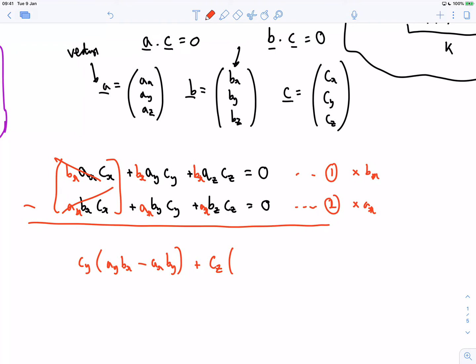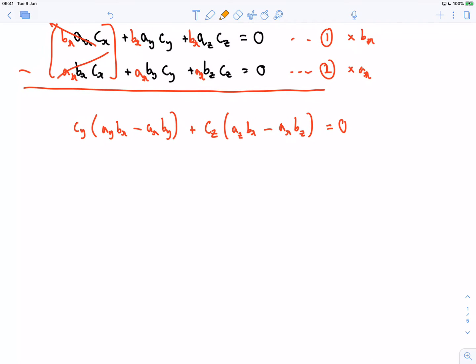I am going to have AZ BX minus AX BZ, equals 0. And already, you can tell there's some kind of determinant thing going on here. You've got the multiplication of two objects minus the product of another two objects. So you can already sniff there's going to be some kind of determinant thing going on here.